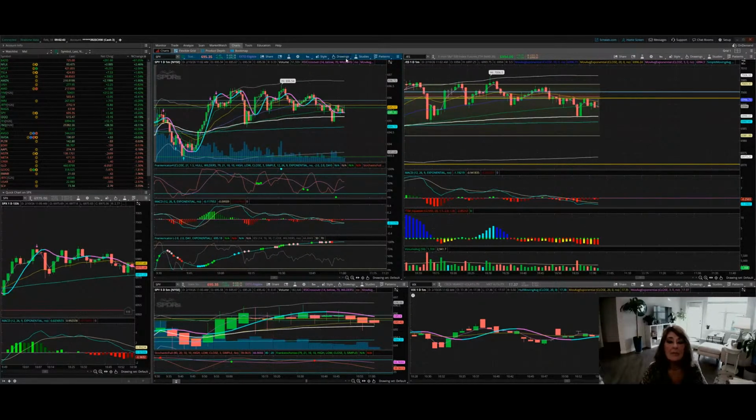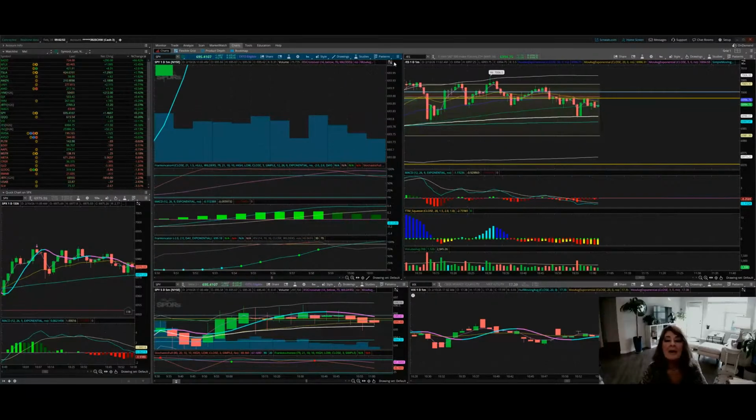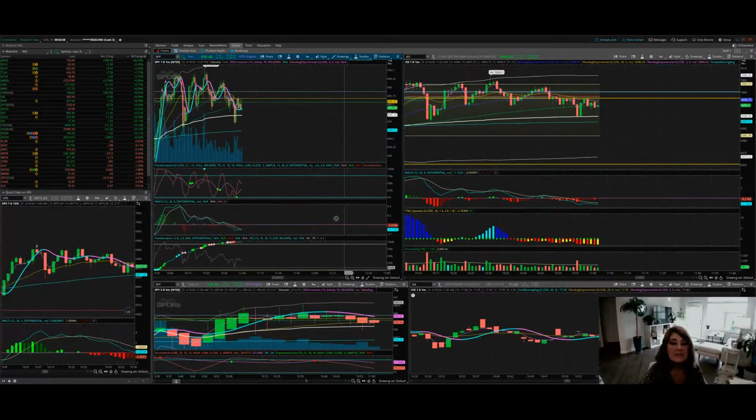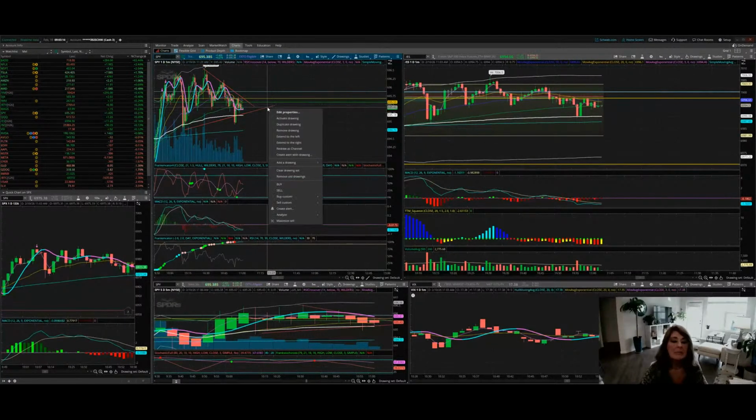Well, I need my line tool. There we go. It's basically a continuation pattern, meaning that we are basically sideways and we are consolidating is the main idea. Okay, so see right here, let me shorten that up.